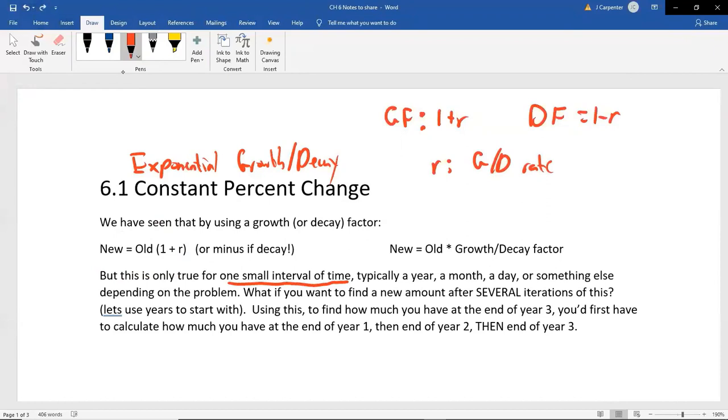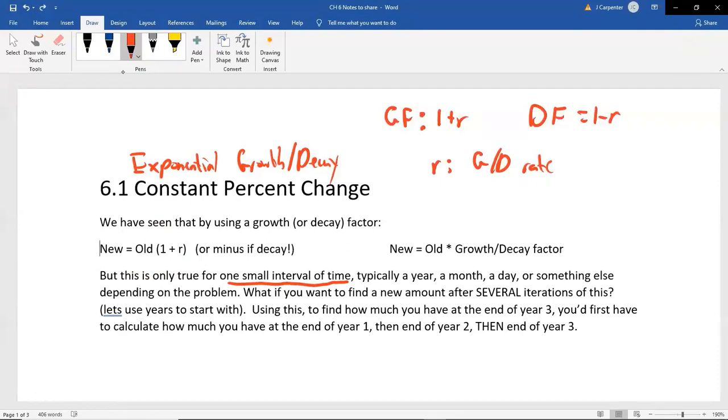And to find year 49, you got to do year 48. To do 47, you got to find 46. To do year 35, you got to do year 34. To do year 3, you got to do year 2. To do year 2, you got to do year 1. So if you want to find how much money you have, just using this simple concept, it would take you 50 rows of work.